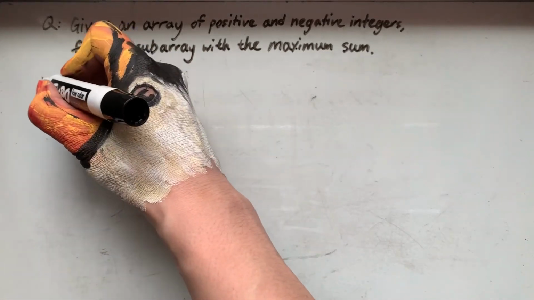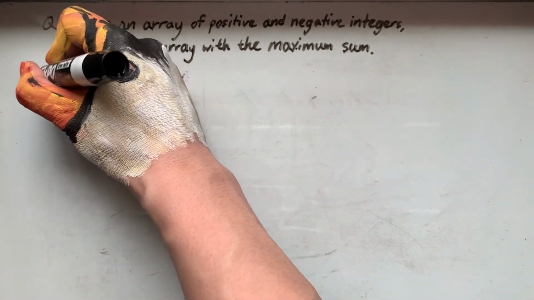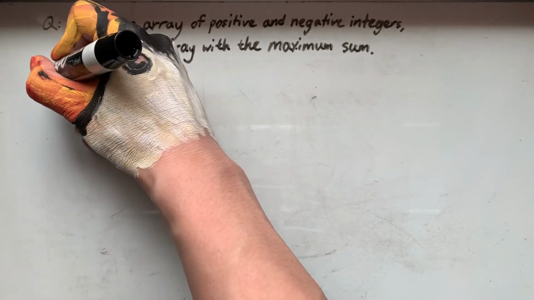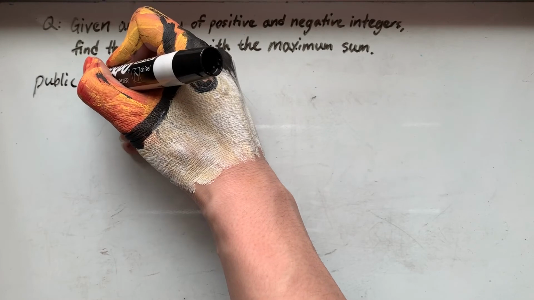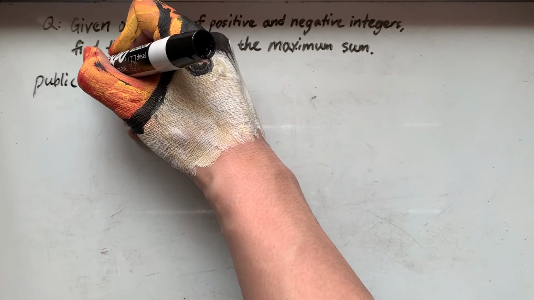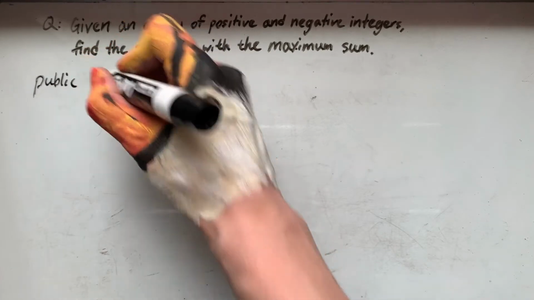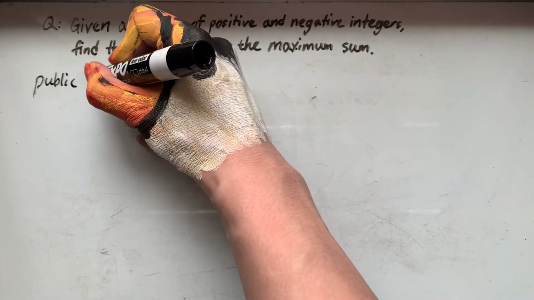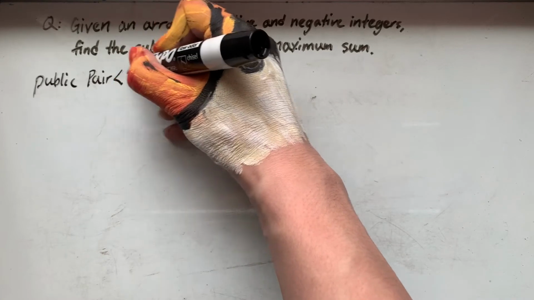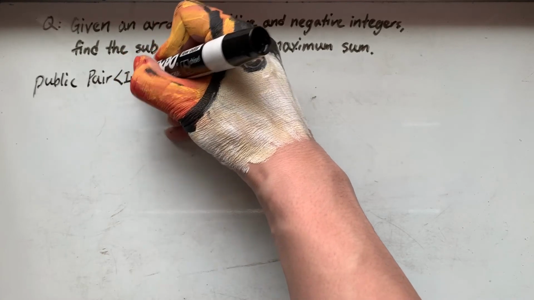So let's start with the function definition. It's always good to start with the function definition. Public. And you'd want to return the start and end indices of the subarray. So let's say we have a pair class that can take an integer.